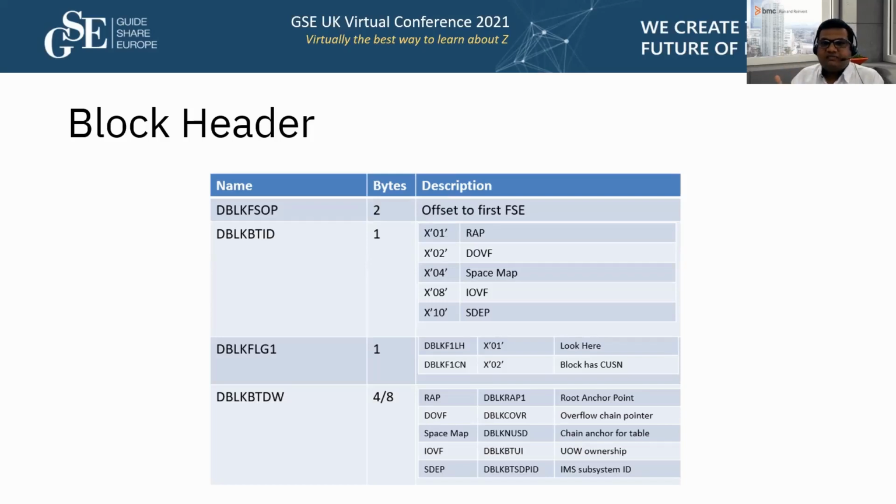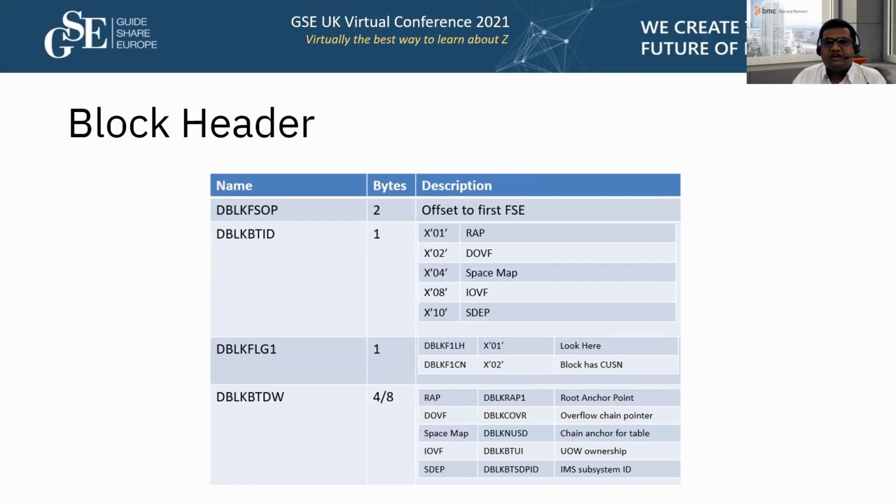Then there is a 1 byte flag. Again, for DOVF block, there is a bit setting called look here flag, which is used by the space search algorithm. So whenever IMS has to store some data in the DOVF, it will go to the first DOVF and look at the look here flag there. And then there is whether the block has cousin or not.